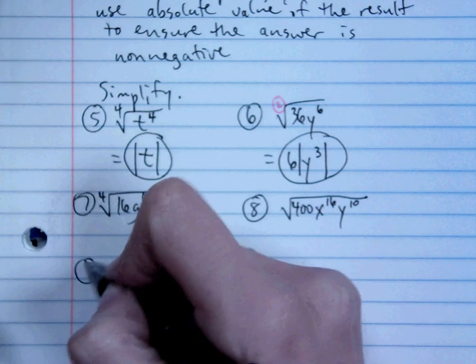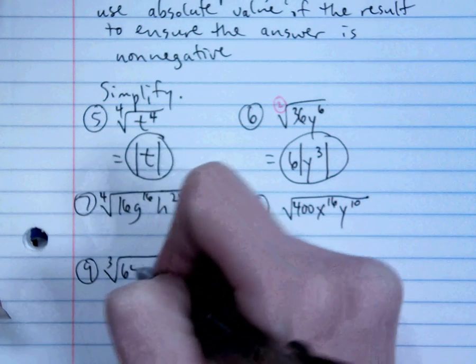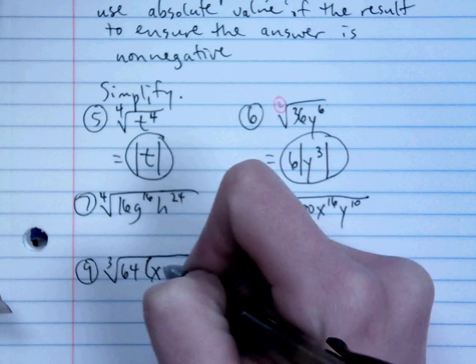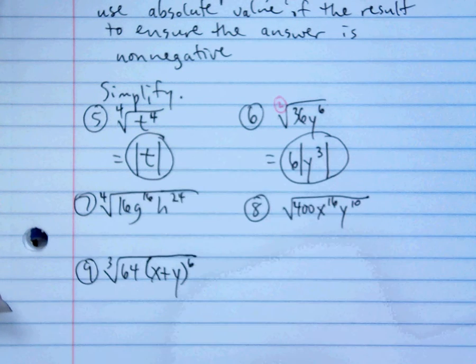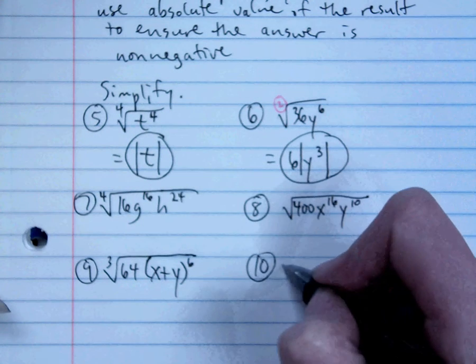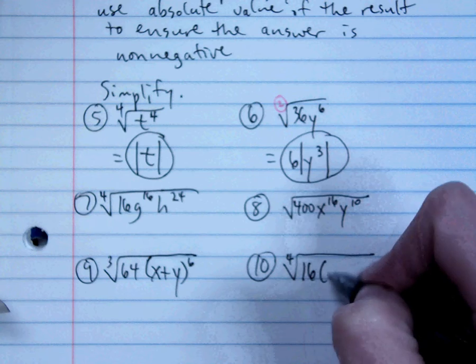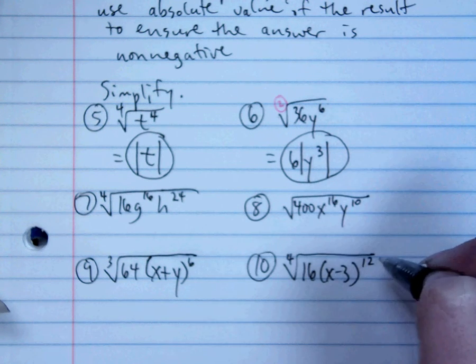Do the cube root of 64 times x plus y all raised to the 6th. And let's do the 4th root of 16 times x minus 3 to the 12th.